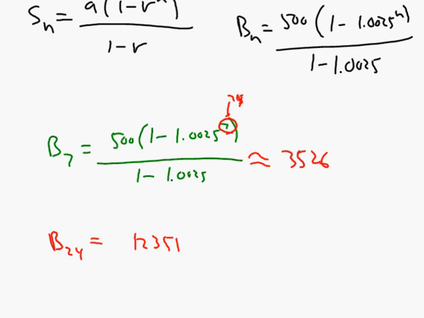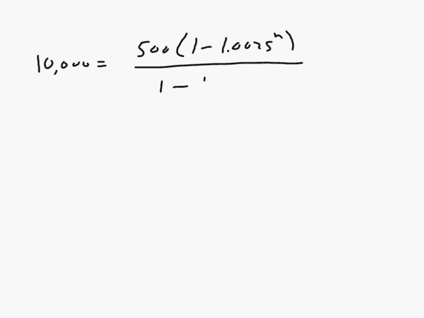Okay. We could ask questions like, when's the first time the account goes over a certain amount of money? If your goal was to make it to $10,000, how would you do that? Well, that's sort of like solving backwards. So let me show you. We want $10,000 to equal 500 times 1 minus 1.0025 to the n over 1 minus 1.0025.